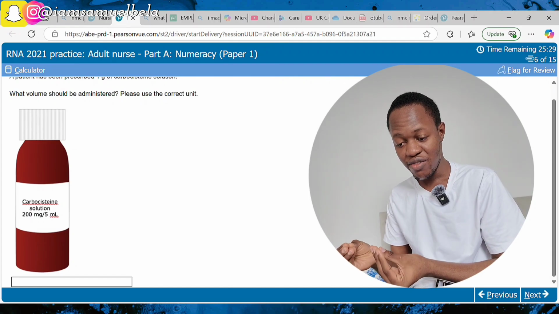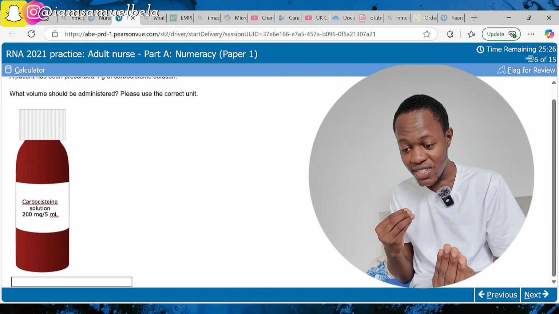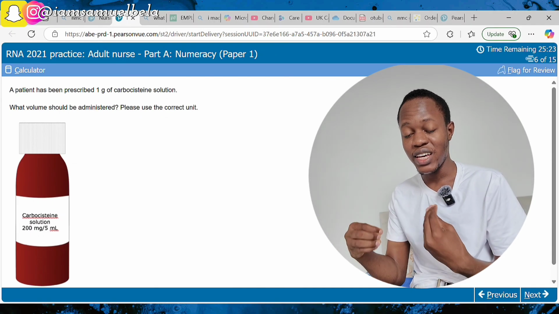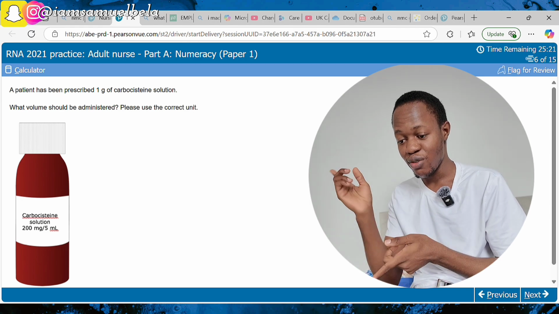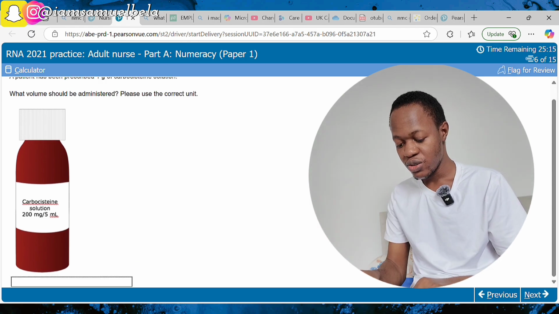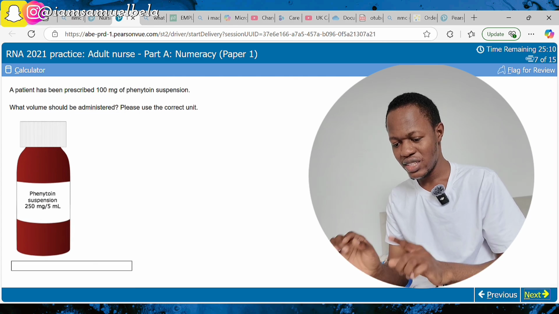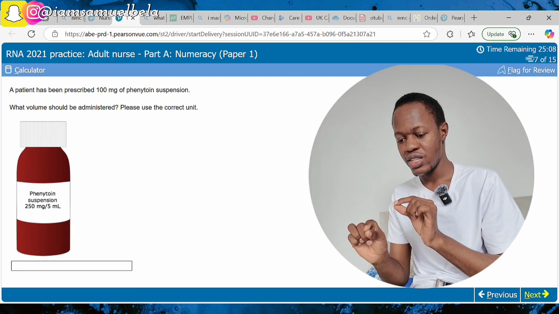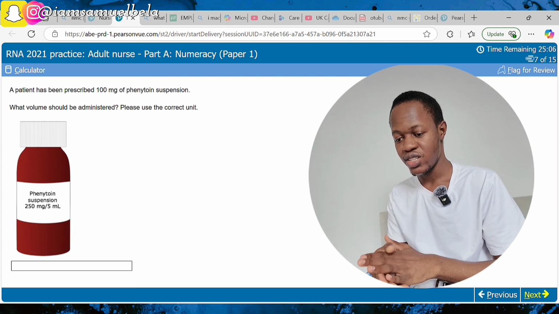I don't want this video to be too long, and these are basic mathematics. We have 200 milligram in 5 ml, which means we have 1000 milligram in x. If you cross multiply, our answer should be 25. So 25 ml. Take note of how I'm putting the unit, ml, just like it's written in the question.